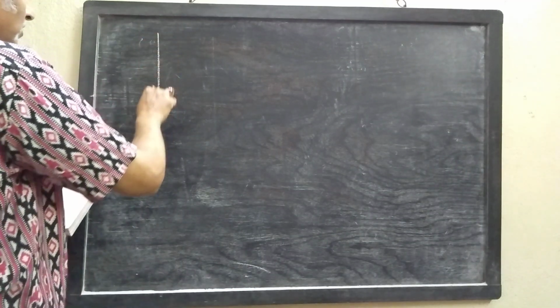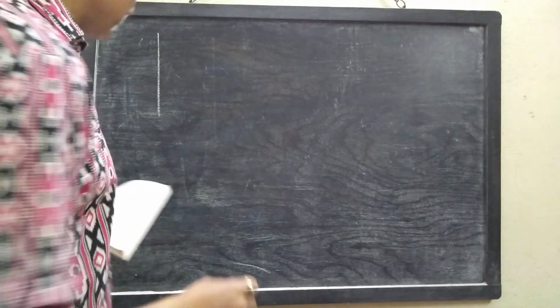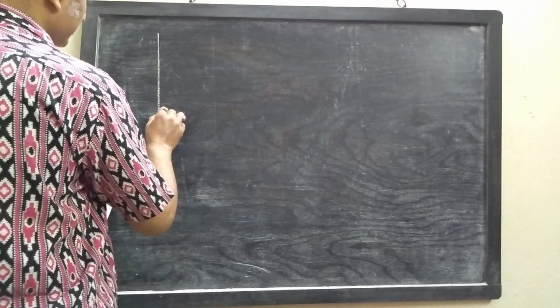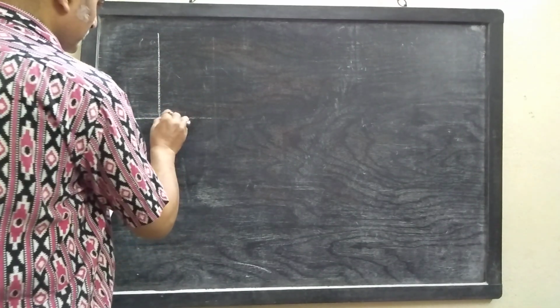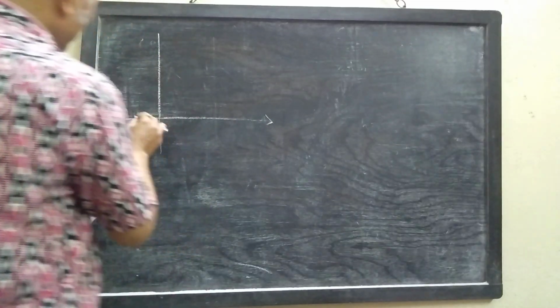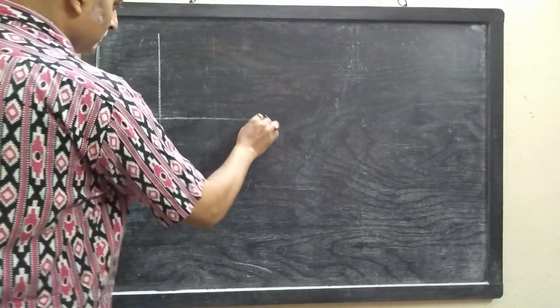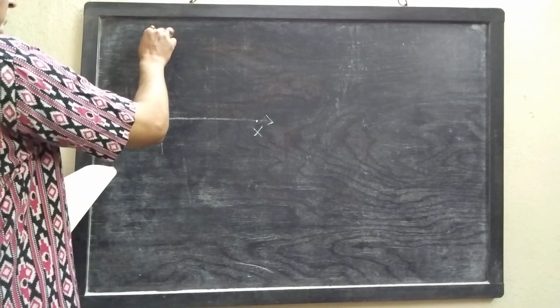So, mind it, you have to draw a diagram in all these cases. Without a diagram, the answers of these problems will be meaningless. You must draw a diagram in all these cases.